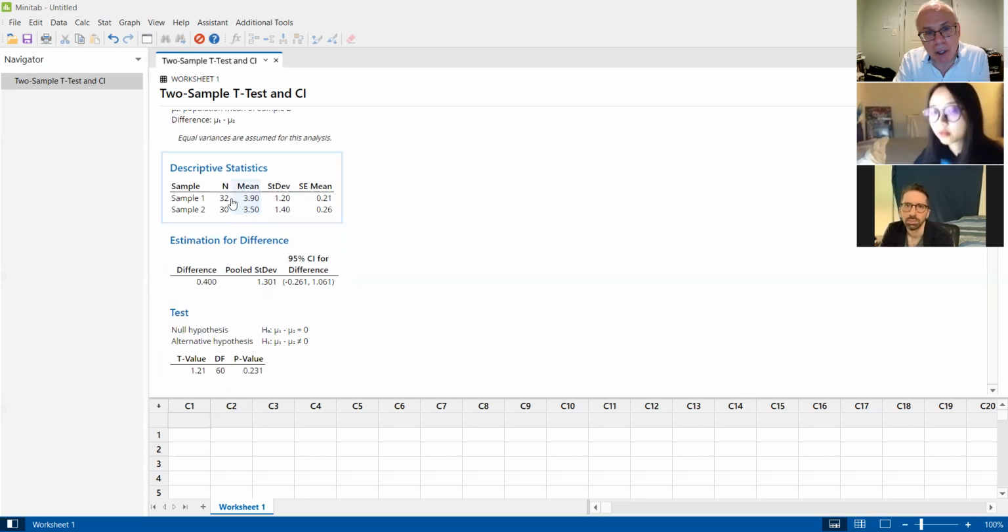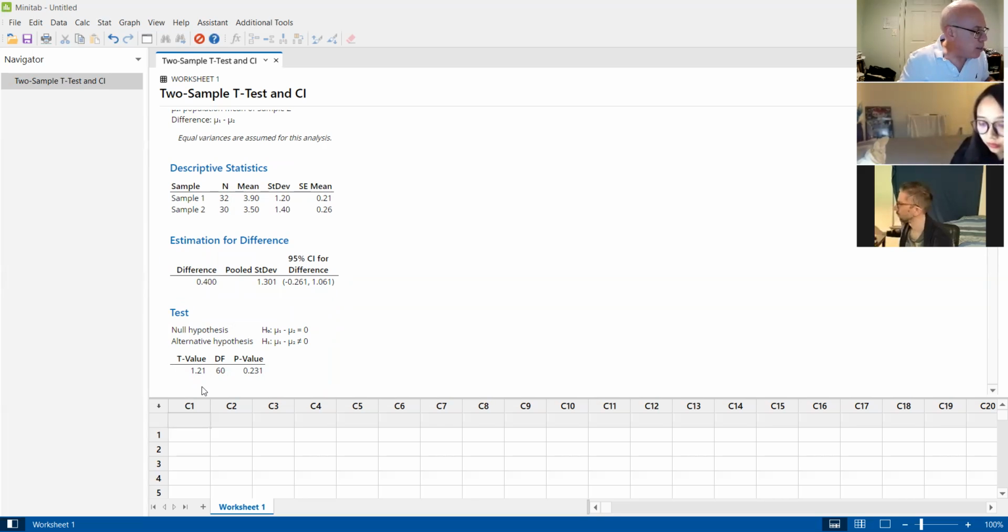Remember, it's N1 plus N2 minus 2. So that's 62 minus 2, 60. This t-value is that formula in the first part. If you go back to that page, that t-statistic formula in the chart, in the first column for pooled, that's the 1.21. That's our t statistic.